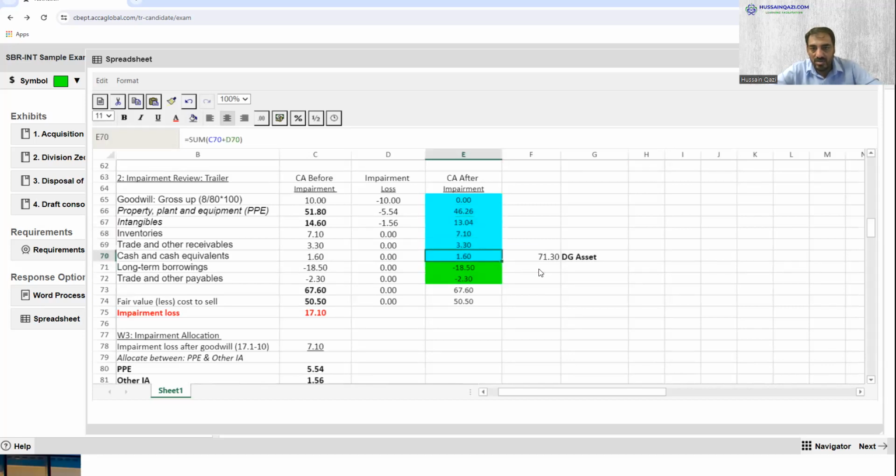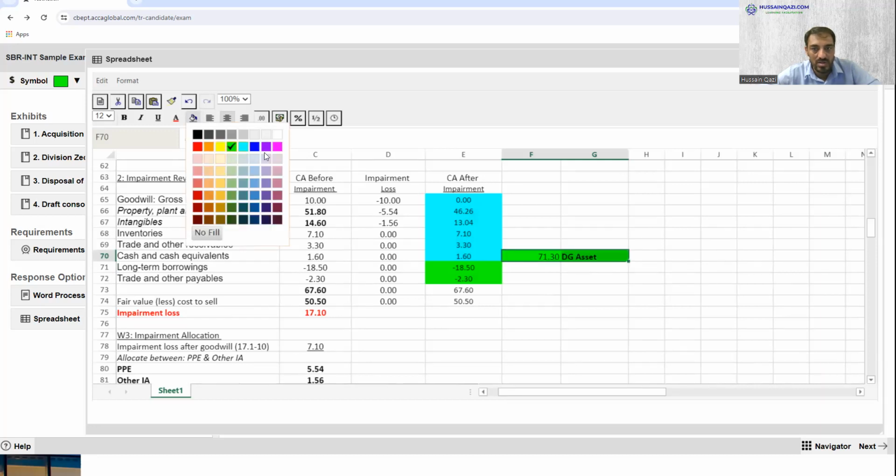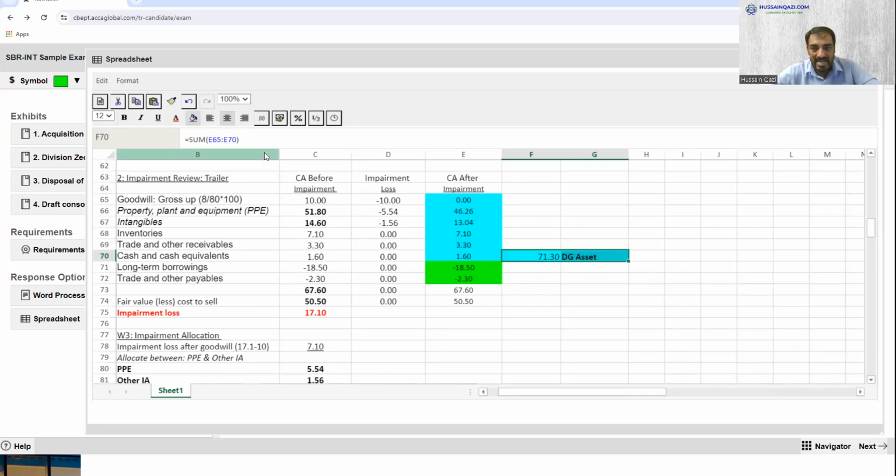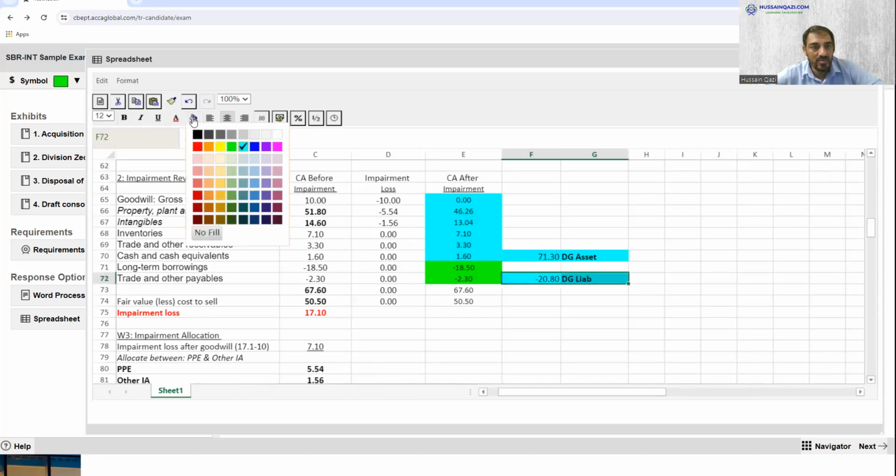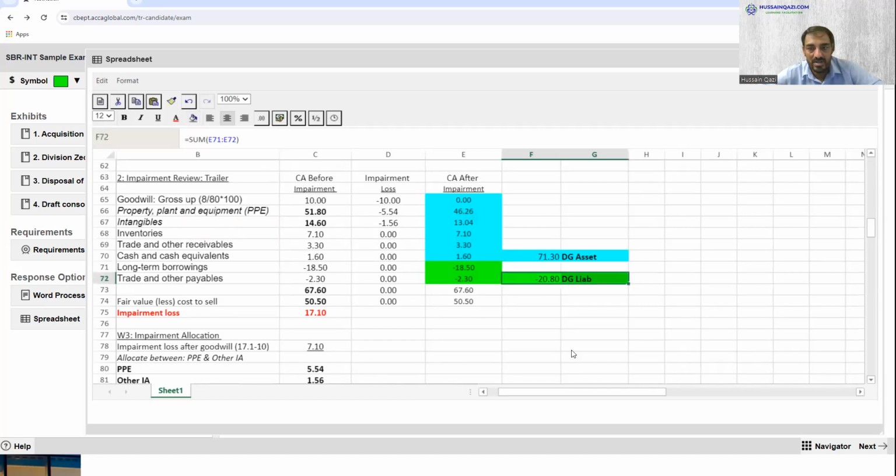These are the values as disposal group assets. I hope it's very clear to you. And as disposal group liabilities.